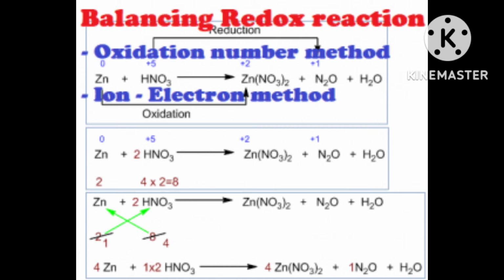Then 4H2O means 8 hydrogen is balanced. If you count oxygen also, you will find oxygen, hydrogen, all atoms are fully balanced.